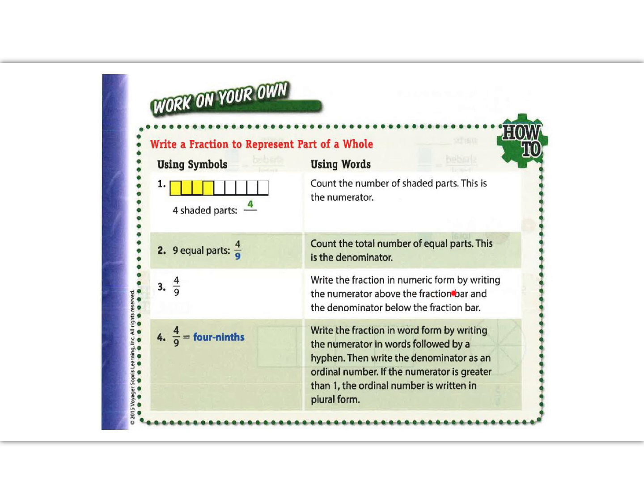Then you write the fraction in numeric form by writing the numerator above the fraction bar and the denominator below, 4/9. Then you write the fraction in word form by writing the numerator in words followed by a hyphen, a little dash. Then write the denominator as an ordinal number. If the number is greater than 1, the ordinal number is written in plural form. So you put an S on the end.